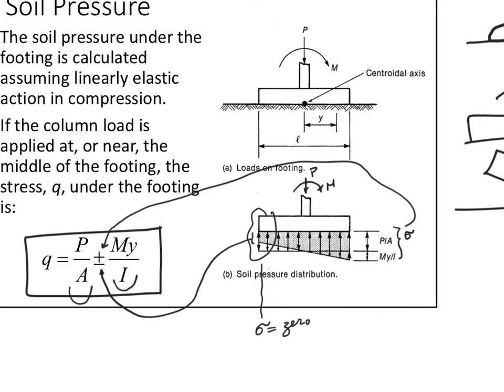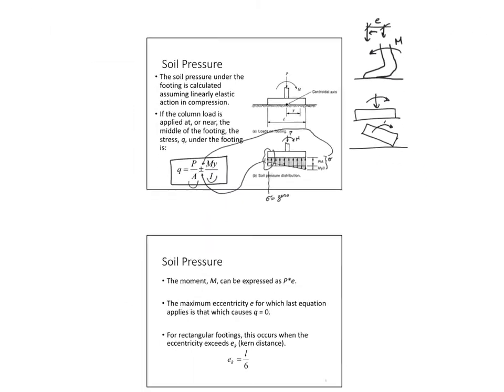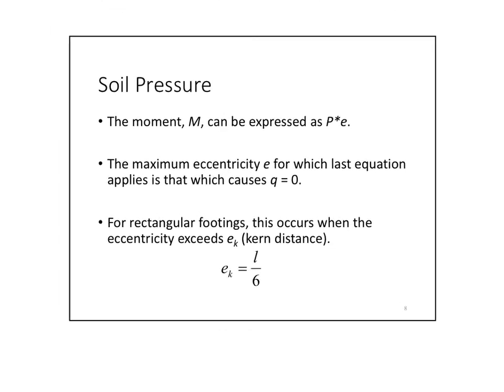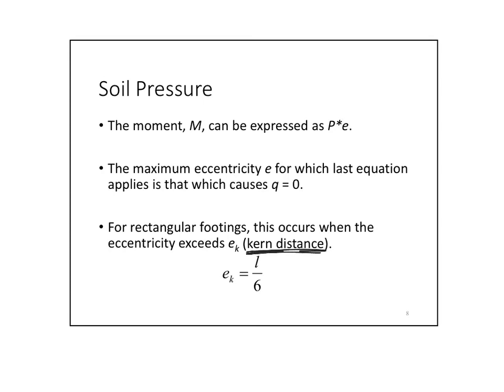So reaching the 0 stress is not a favorable solution, because beyond this, you will uplift the soil, uplift the footing, which is not a good design. So came this guy called Kern, and he decided to find this distance for us.